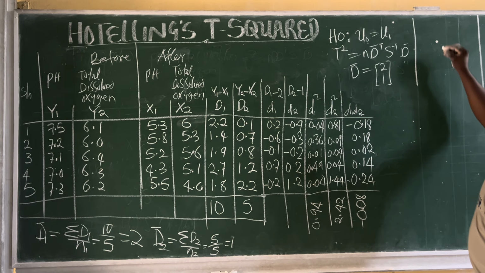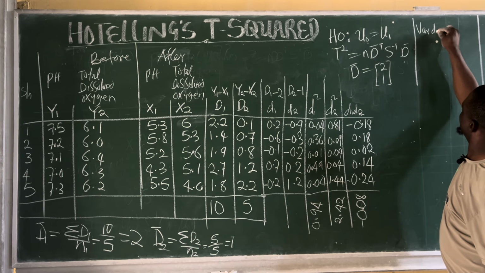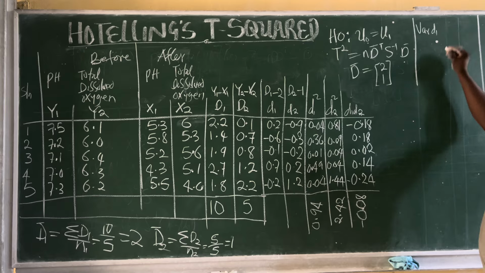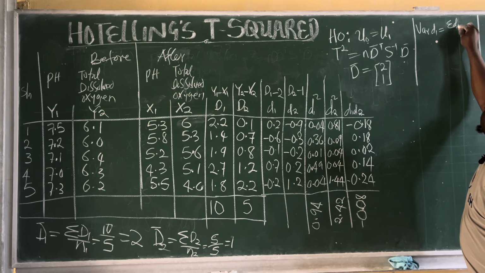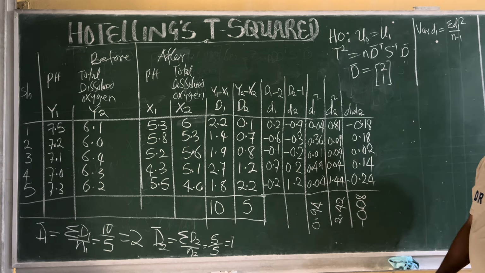Now, the variance, let me put it var D1, variance of D1. Variance of D1 will be equal to the summation of D1 square all over n minus 1.